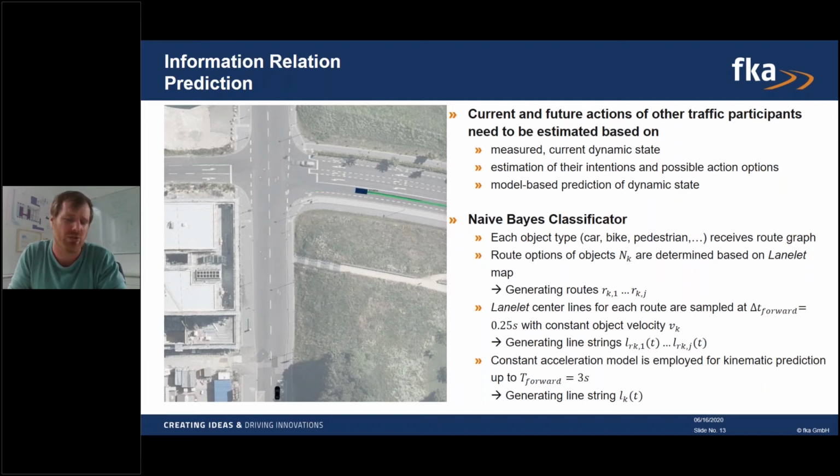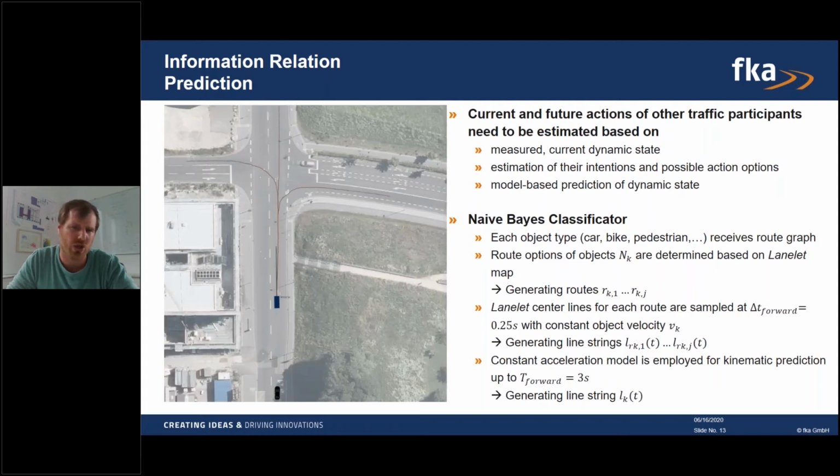So that's the same we do with the system. The system, of course, needs to predict what the traffic participant will do in the next seconds. For example, the way you can do it is with just some naive Bayes classification, matching the objects, as I said, to the road graph or the environmental model.